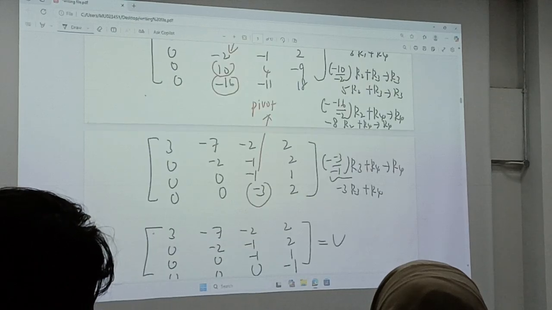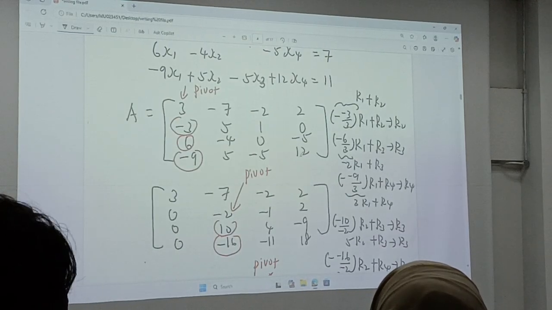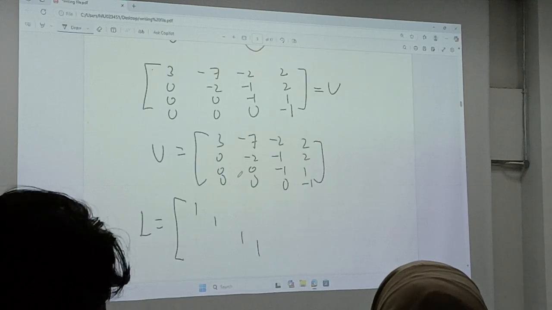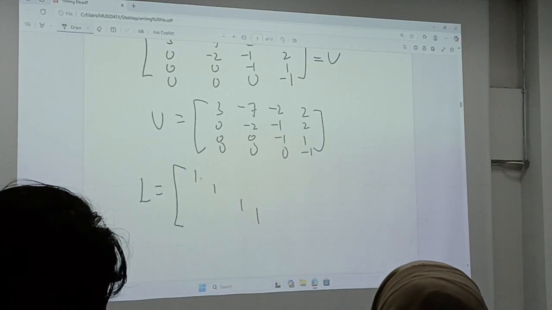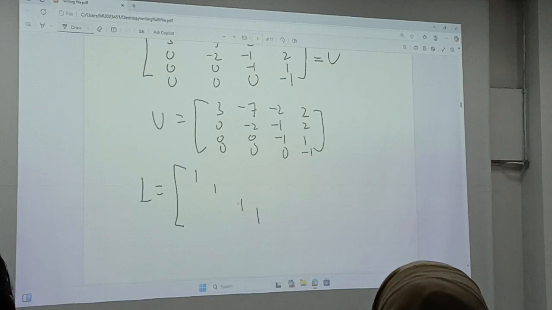Okay, so matrix A is 4 by 4, right? 4 by 4, which means L is also 4 by 4.